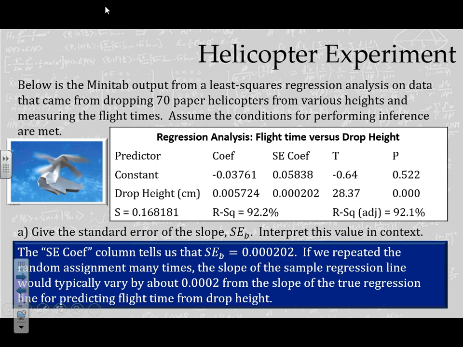So if we were able to actually calculate the true regression line and get a value for its slope, the slopes we would obtain from our samples should be within 0.0002 of that initial slope.